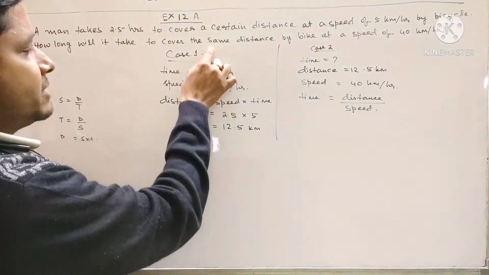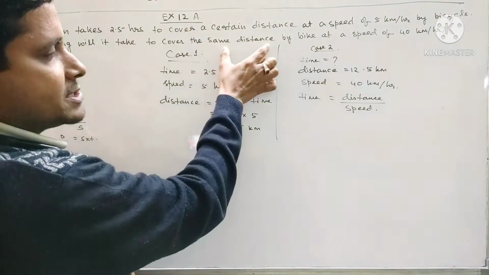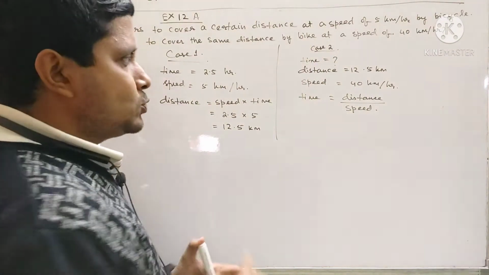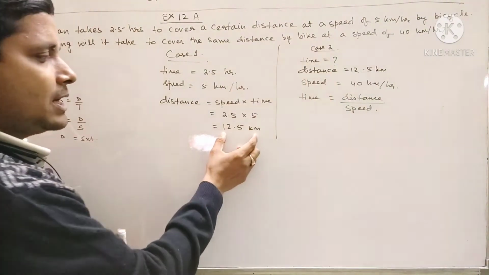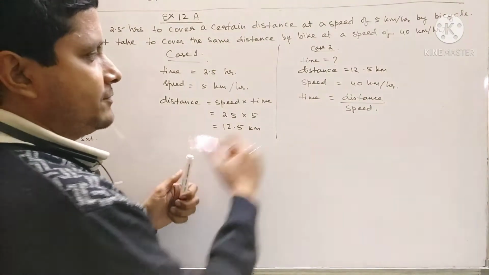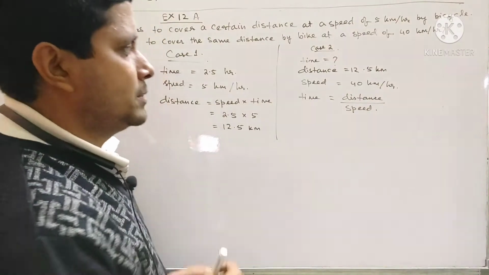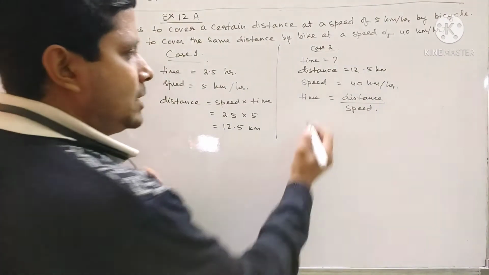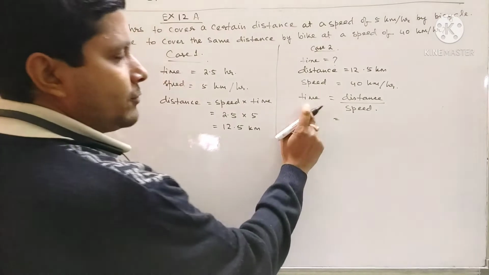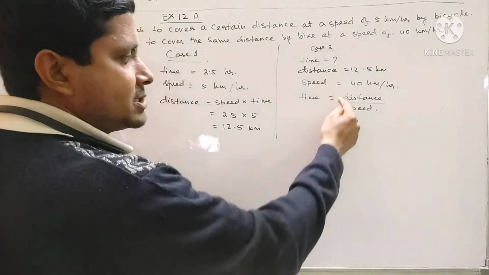Now in the question it is given that in case 2 the same distance was traveled by bike. So in case 2 also the distance will be that of case 1, that is 12.5 kilometer. Now we know that the formula of time is distance by speed.